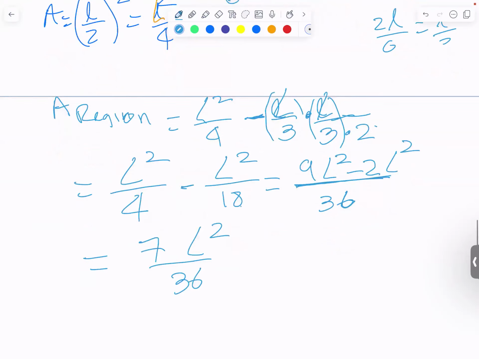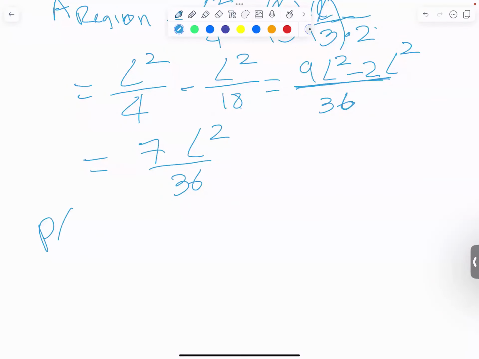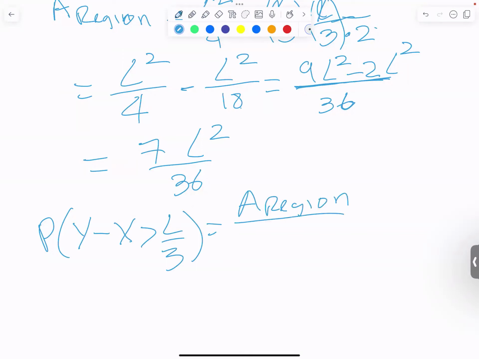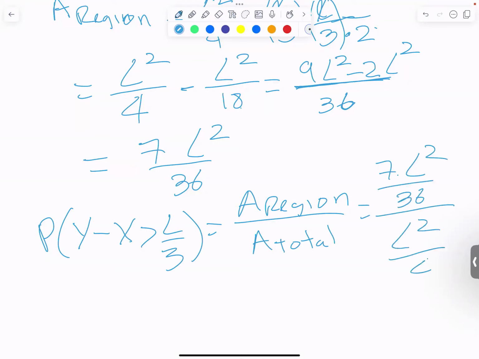And that's the area of the region. The probability that y minus x is greater than L divided by 3 is going to be the area of the region divided by the total area, which is 7L squared over 36 divided by L squared over 4.